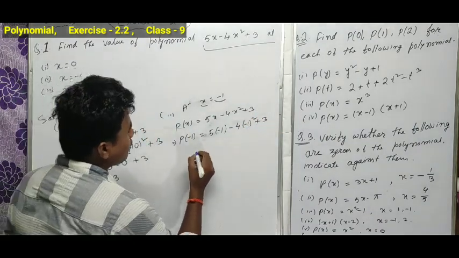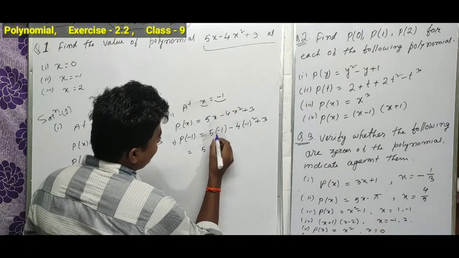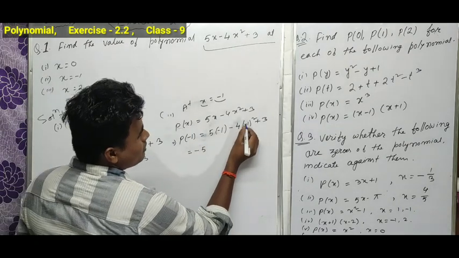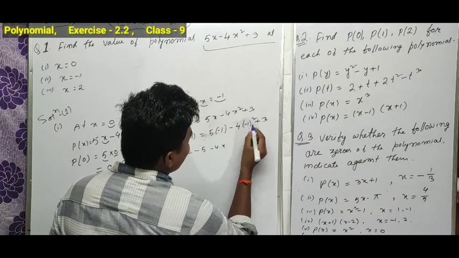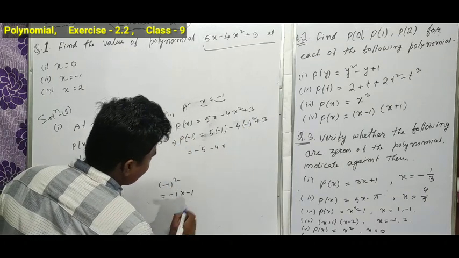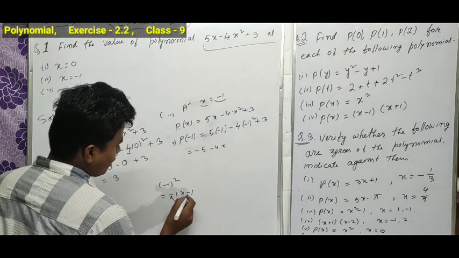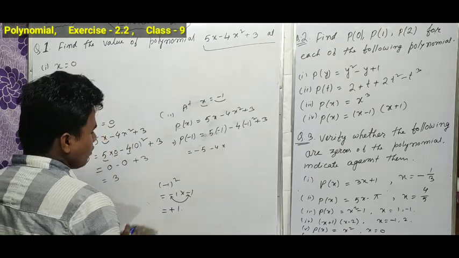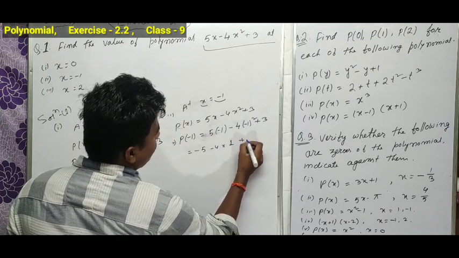Next, moving forward, 5 into 1 is 5, and with minus 1 it becomes minus 5. Then minus 4 is there, and minus 1 square means minus 1 into minus 1, isn't it? So minus, and minus becomes plus, and 1 into 1 is 1. So we will find 1, and then plus 3 is there.